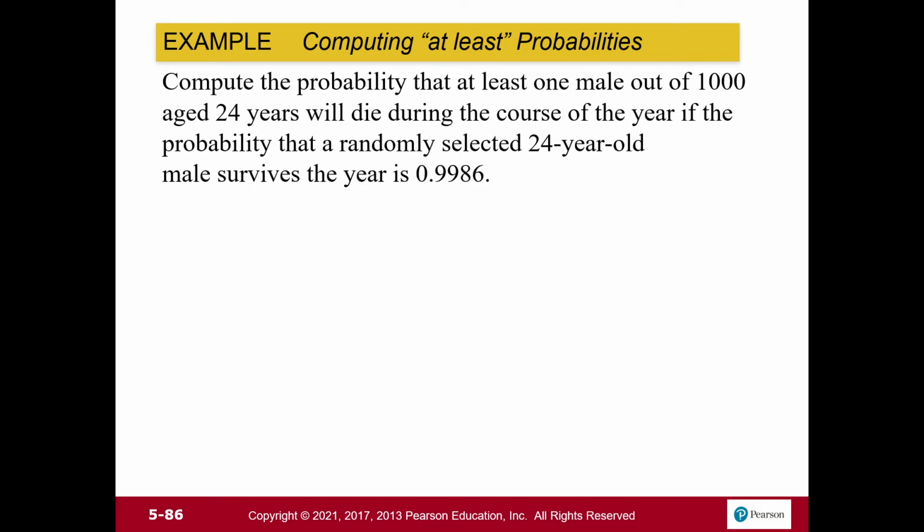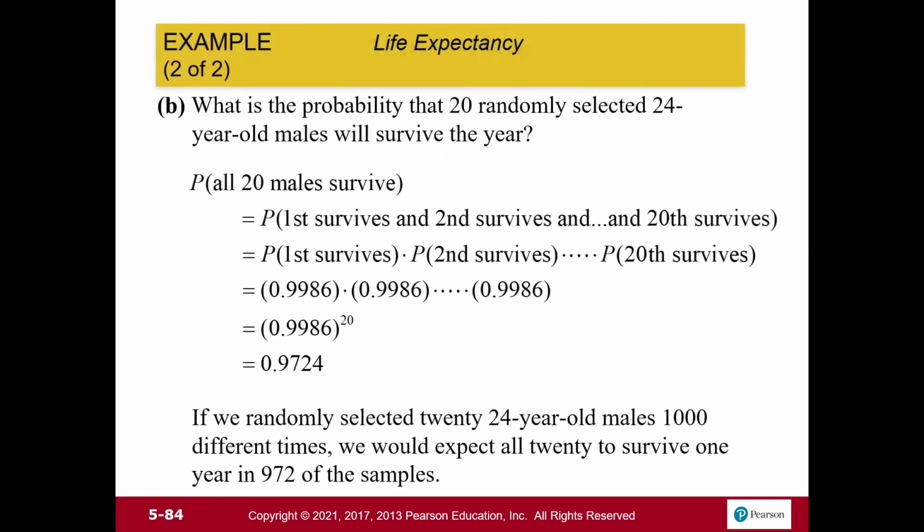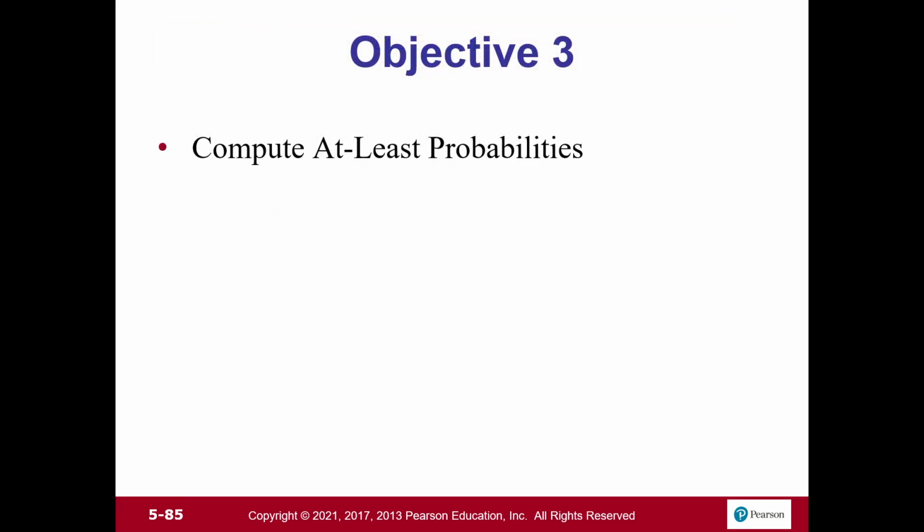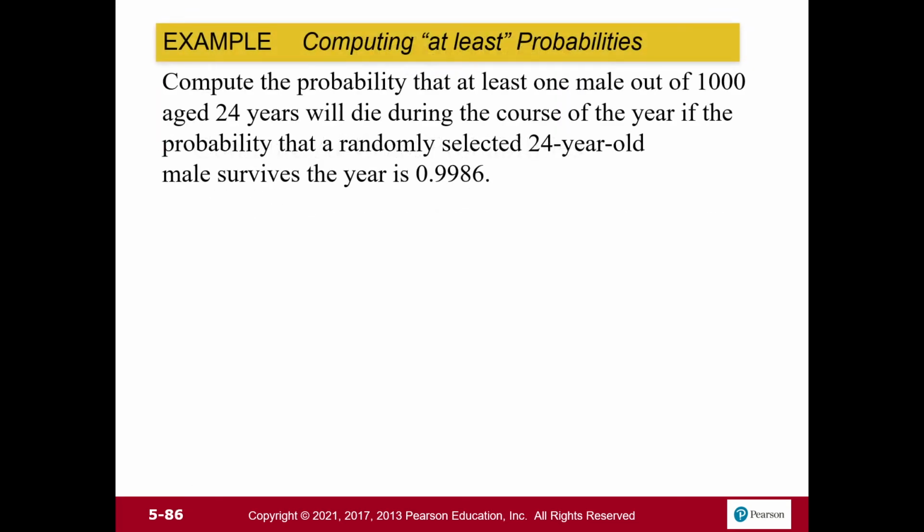So at least one out of the 1,000 will die. That's a tricky question because they give us the probability that one survives, which is 0.9986.